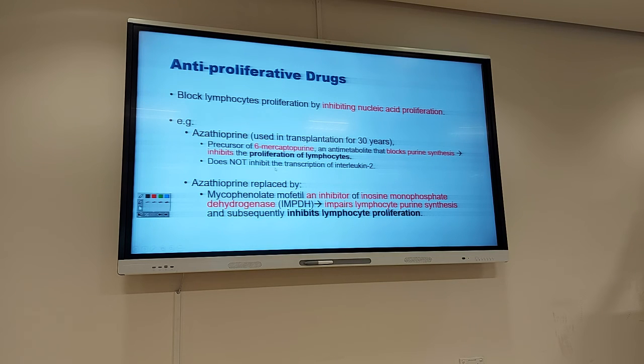They're both purine inhibitors, so they inhibit the purine synthesis and later inhibit DNA replication. But the mechanism of action is different. One inhibits the mercaptopurine pathway, and the other one inhibits inosine monophosphate dehydrogenase, which is an enzyme required for guanine synthesis. And guanine synthesis is required for DNA synthesis.